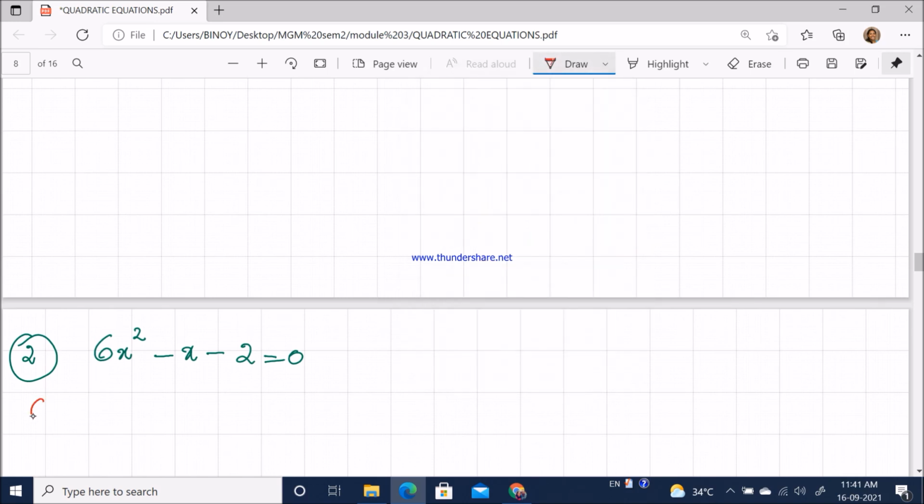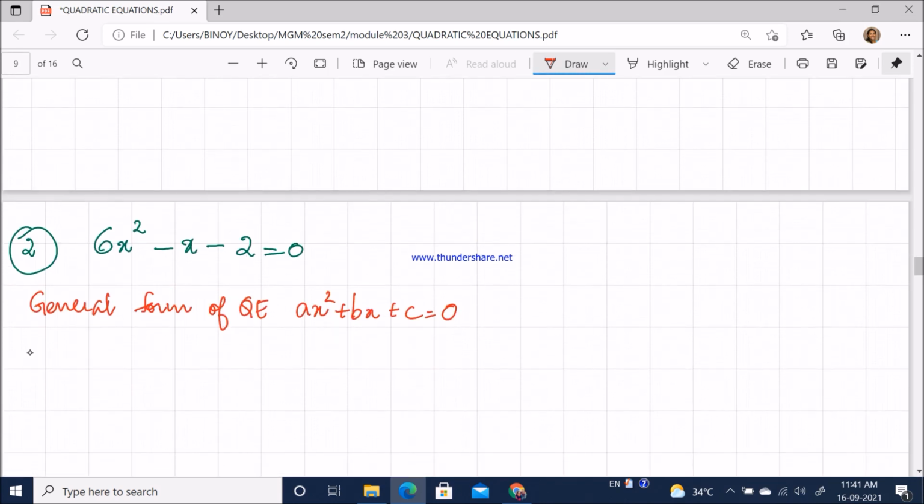First, write the general form of the quadratic equation. So the general form of quadratic equation is ax square plus bx plus c equals 0. So the value of a is 6, b is minus 1, c is minus 2.